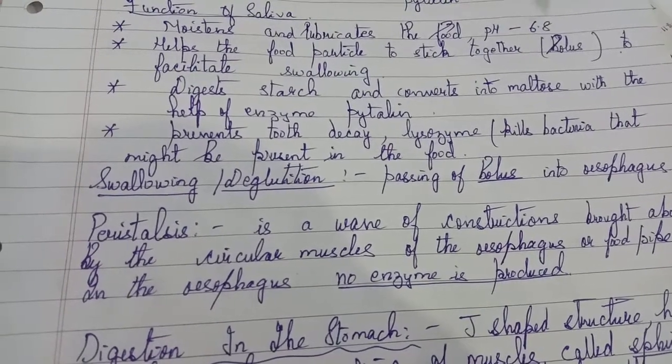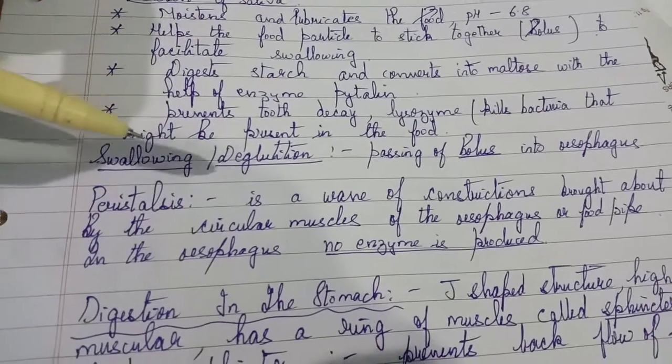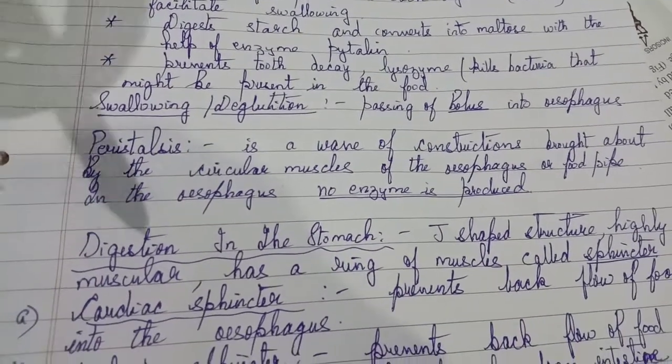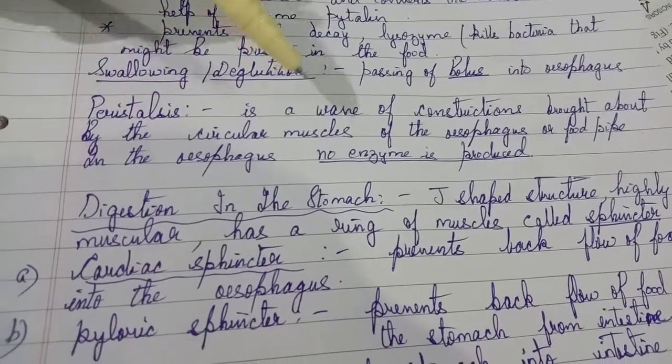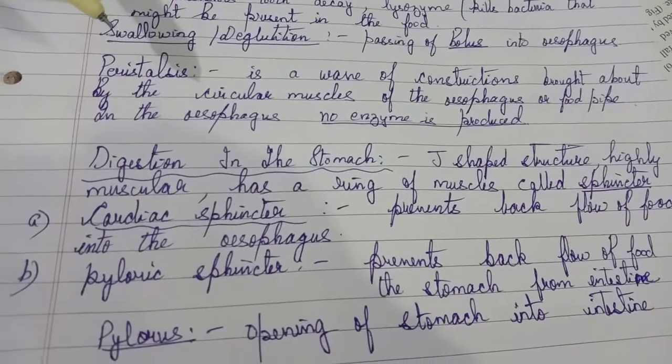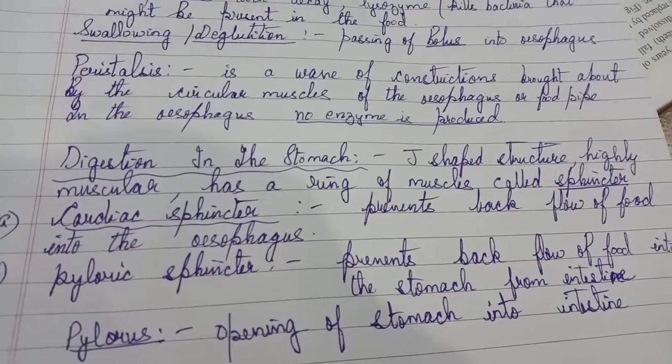Then you have the functions of the salivary amylase or ptyalin. What is its function? Now, digestion in the stomach. You have the enzymes present that you have to remember: prorenin and renin.